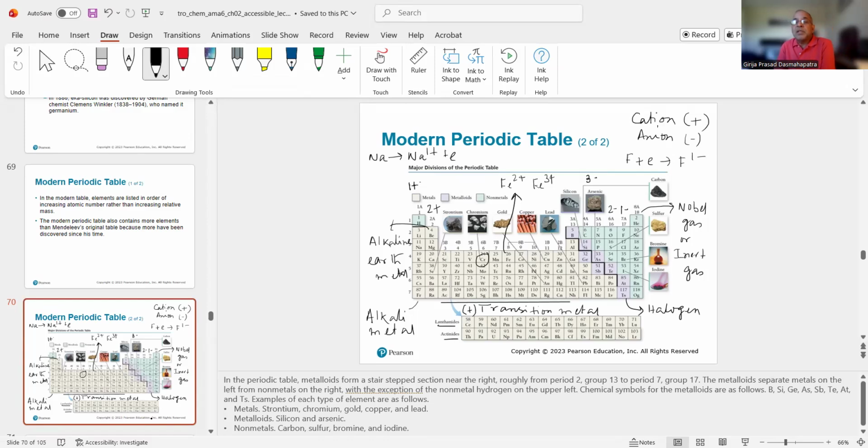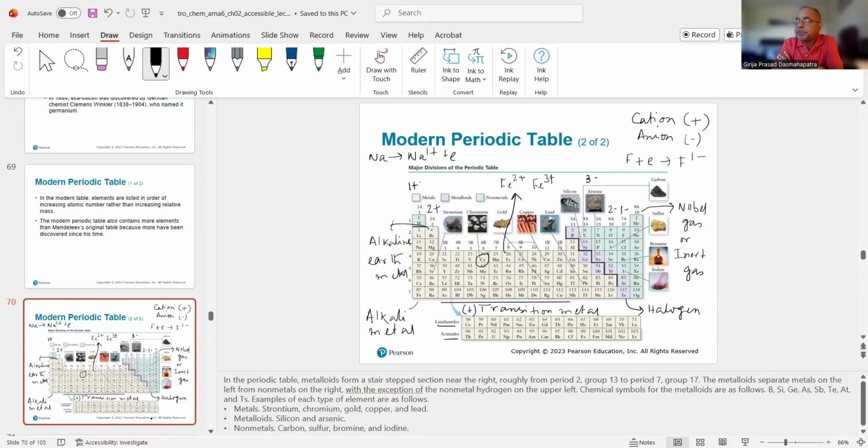Okay? So these are the starting point, but the types of ions produced by individual elements are widely variable. More discussion will come at the appropriate time. This is a good starting point: group 1 produces plus 1, group 2 plus 2, groups 3 to 12, the transition elements, produce cations but are capable of producing more than one type of cation, depending on the element. In the case of non-metals, halogens produce minus 1, oxygen and sulfur, group 16 or 6A, produce 2 minus, and group 15 or 5A produces 3 minus.